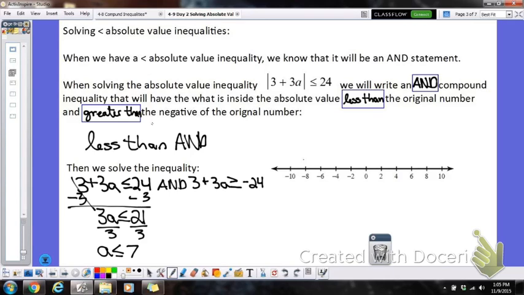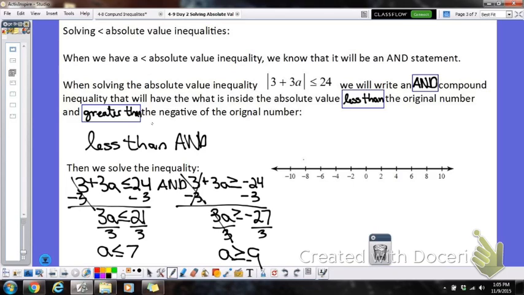Now I'll go to the other one. Again, subtract 3 from both sides. The 3's on the left cancel out, and I'll be left with 3a is greater than or equal to negative 27. Divide by 3 on both sides, and I'm left with a is greater than or equal to negative 9.